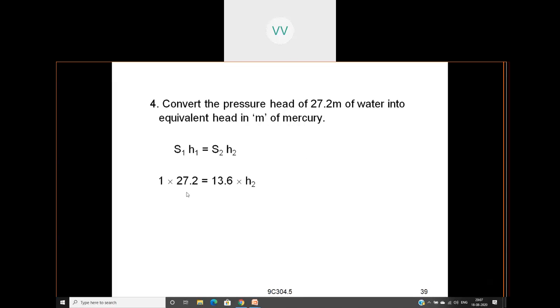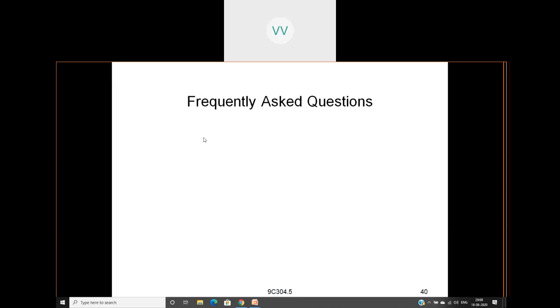So 1 into 27.2 is equal to 13.6 into H2. So H2 is equal to 27.2 by 13.6, that is 2 meters of mercury. Because mercury is a heavy liquid, you require only small height of the liquid. So this is how we are going to solve the problems given in the particular area.